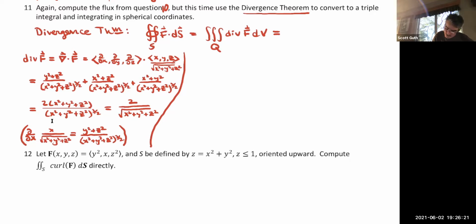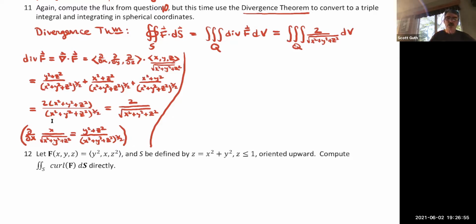The divergence of the field is going to be 2 over the square root of x squared plus y squared plus z squared, and that'll be dV. I'm still integrating over the entire sphere, through the sphere. We're not on the surface, we're inside.